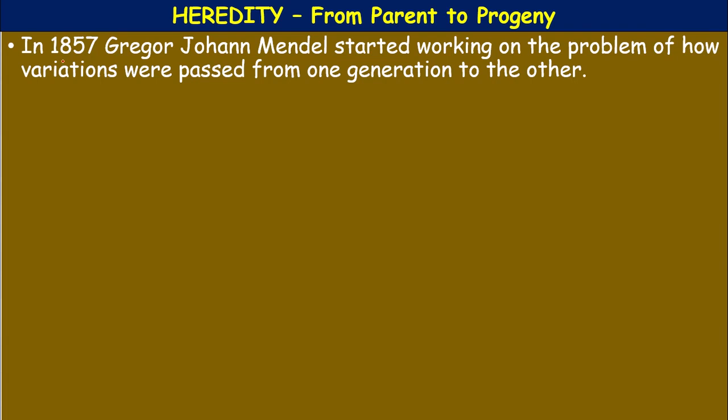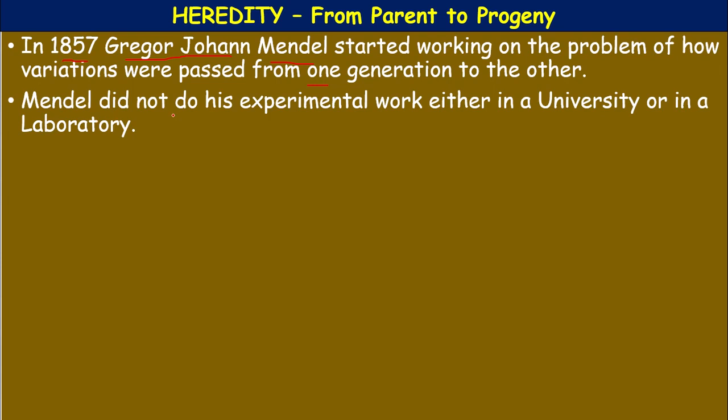In 1857, Gregor John Mendel started working on the problem of how variations were passed from one generation to the other. Mendel did not do this experimental work either in a university or in a laboratory.